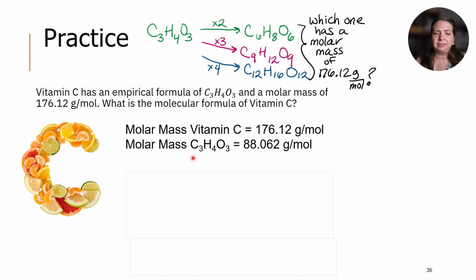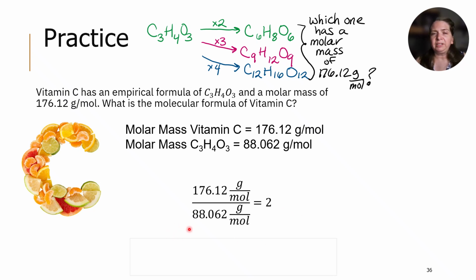The molar mass of C3H4O3 is 88.062 grams per mole. If we divide the molar mass of vitamin C by the molar mass of the empirical formula, we find the molar mass of vitamin C is twice the molar mass of the empirical formula.